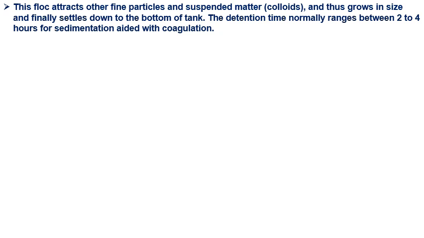This floc attracts other finer particles and suspended matter and thus grows in size and finally settles down to the bottom of the tank. The detention time normally ranges between 2 to 4 hours for sedimentation aided with coagulation.